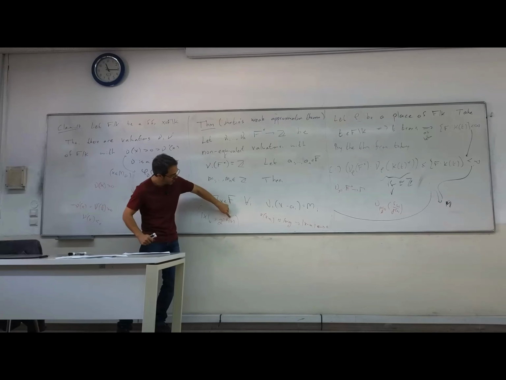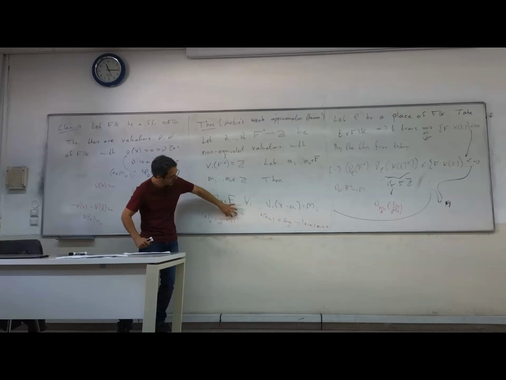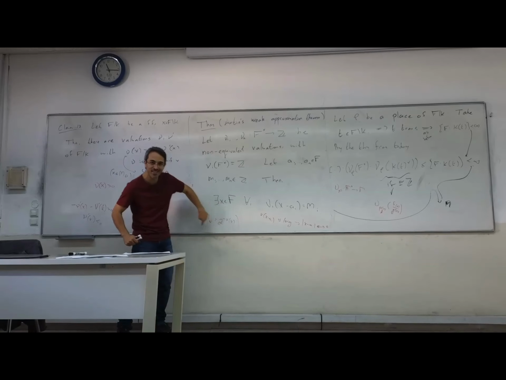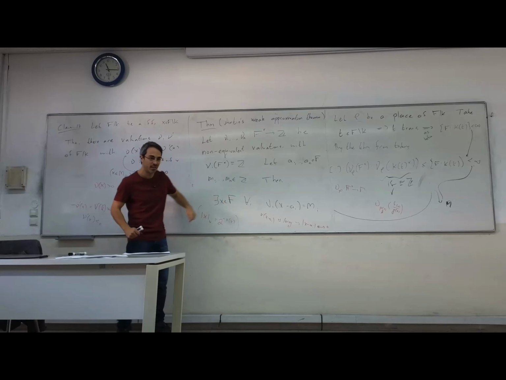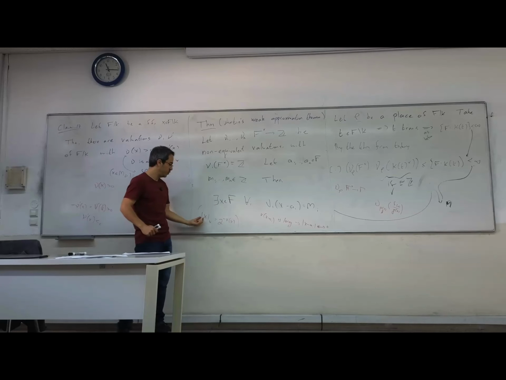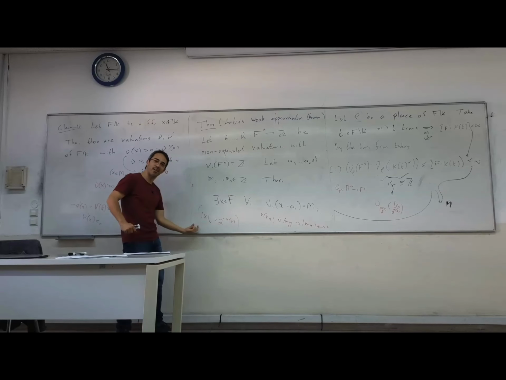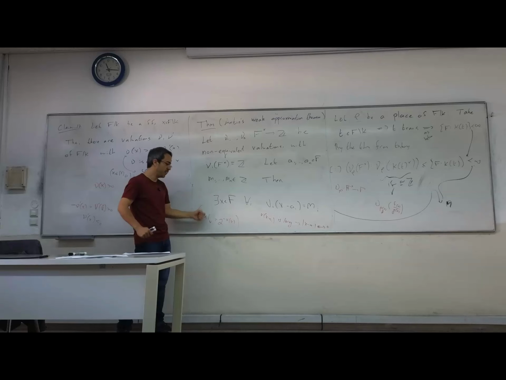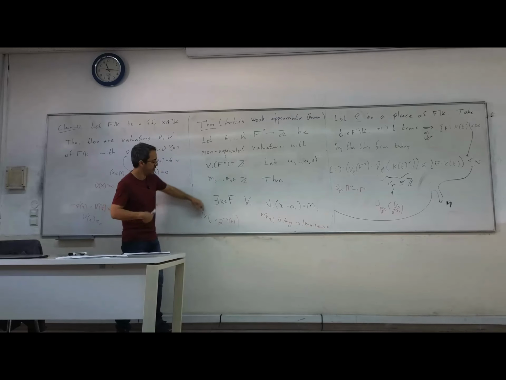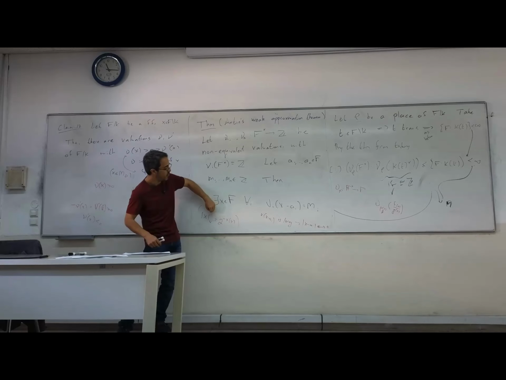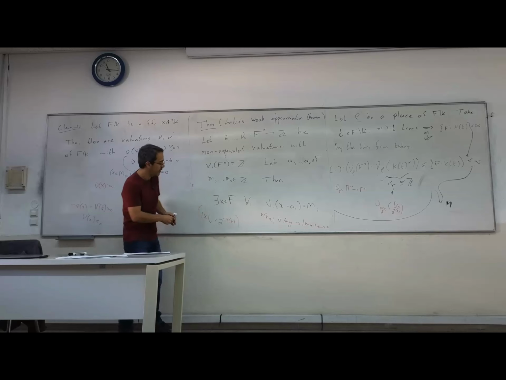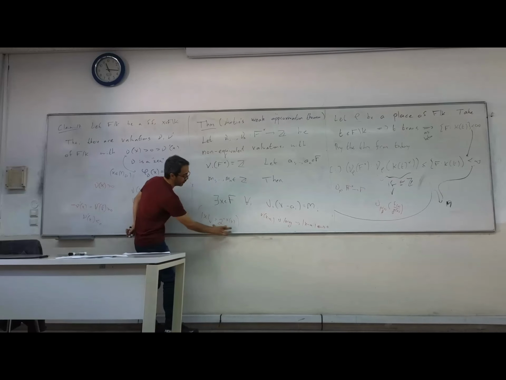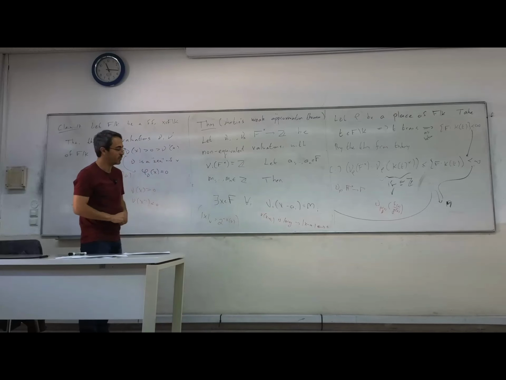You see, the valuation of 0 is infinity, so this is kind of 0 in a sense. So the absolute value of 0 is 0. And if you take a product, it goes to a sum, and then you get that indeed the absolute value of ab is the absolute value of a times the absolute value of b. So it actually does define an absolute value. It's actually a stronger one because the triangle inequality is stronger. And you see, when the valuation is larger, the absolute value is smaller. So that's why it works like that.